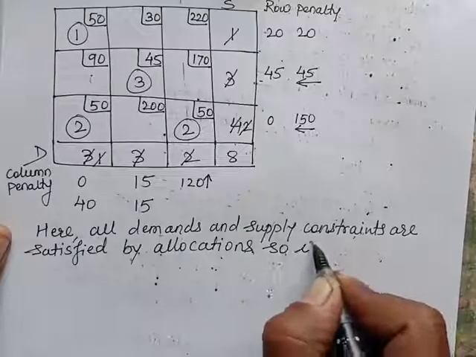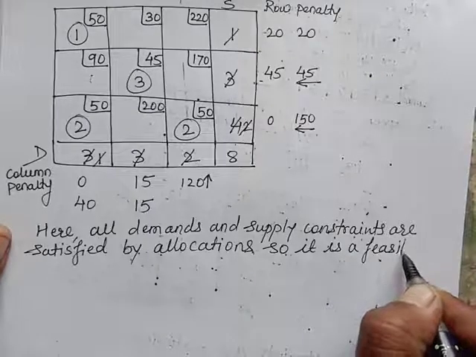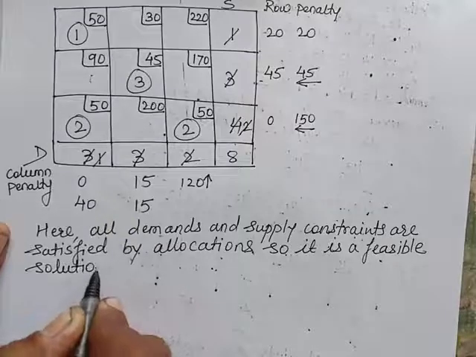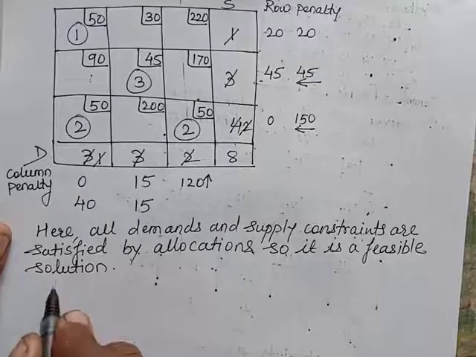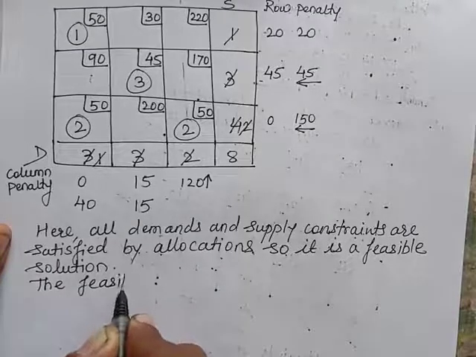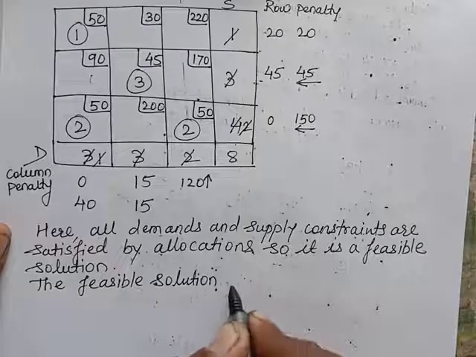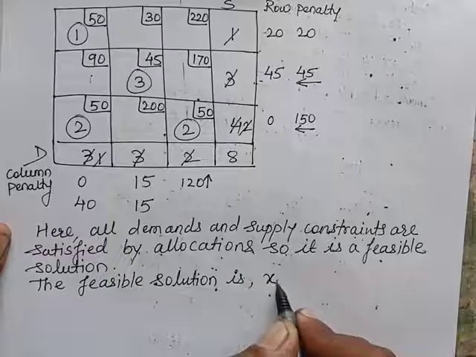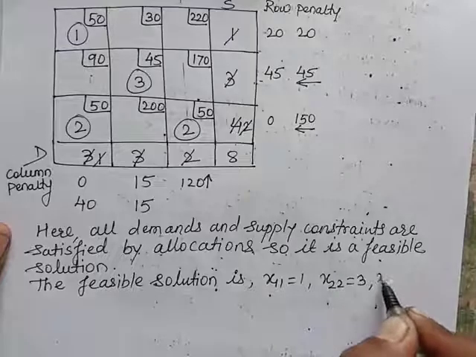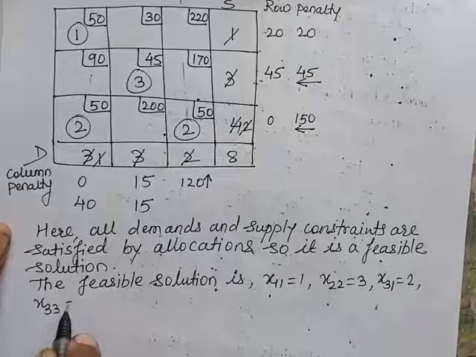So it is a feasible solution. And the feasible solution is x11 equal to 1, x22 equal to 3, x31 equal to 2 and x33 equal to 2.